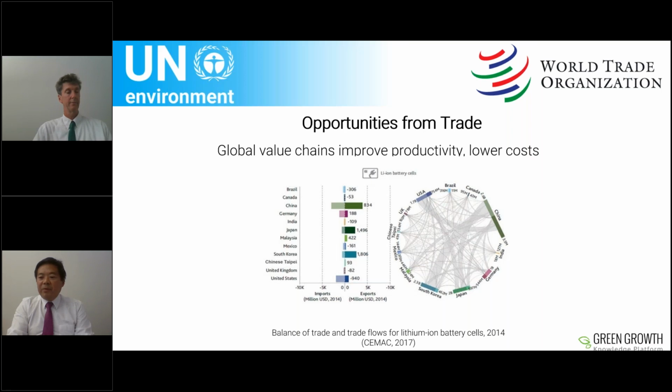If these can be further reduced, and each of these component parts, similar to the wind turbine example that I gave, you can find another tool, if you like, by which trade can contribute to lowering costs, improving productivity, and in this sense, help push certain greener technologies into the market. So these are just some examples.